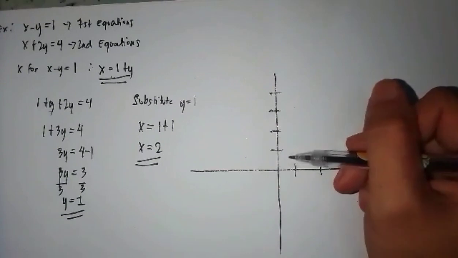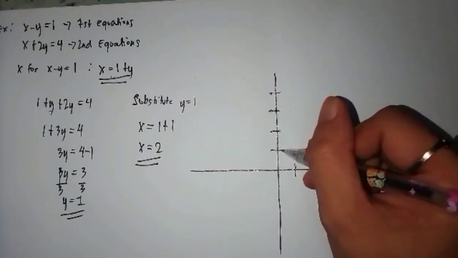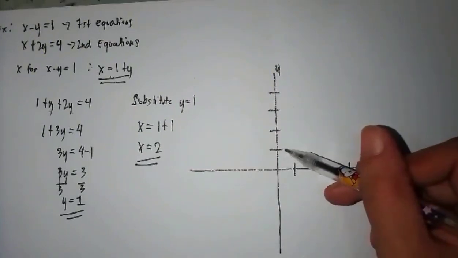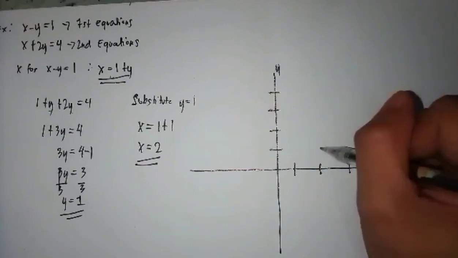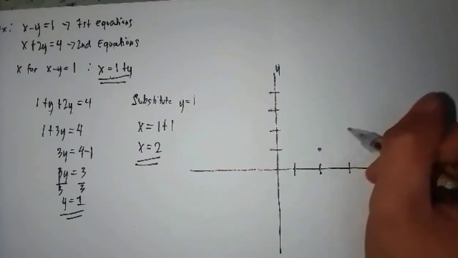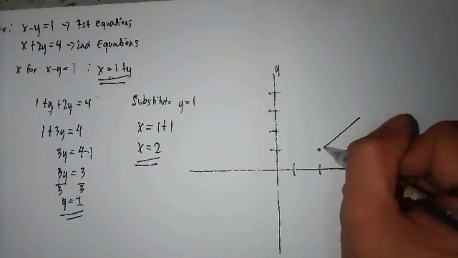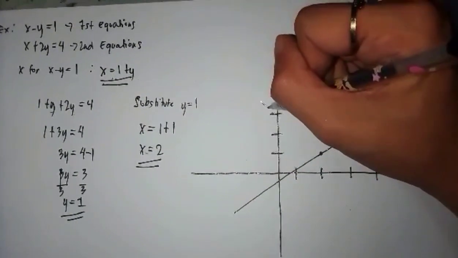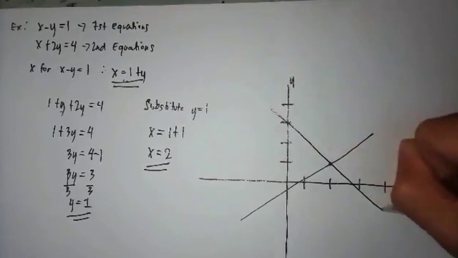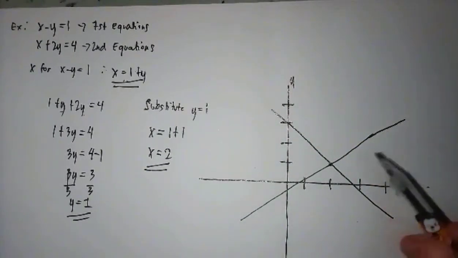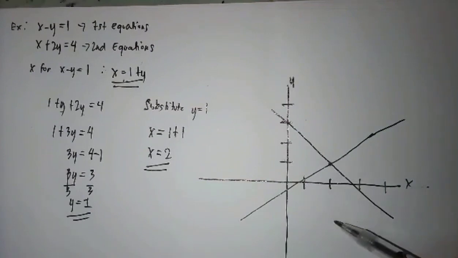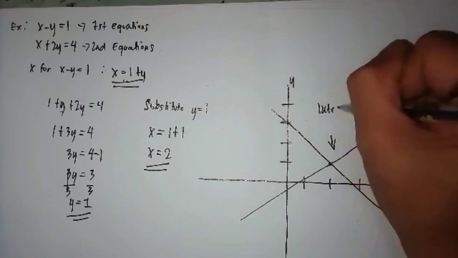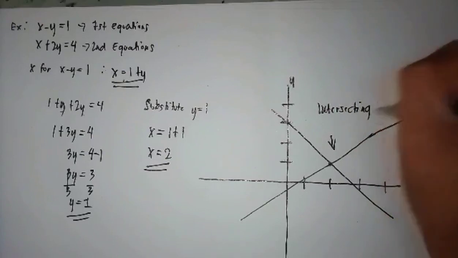The y is 1 and the x is 2, so the point is here. Once graphed, we get what are called intersecting lines.